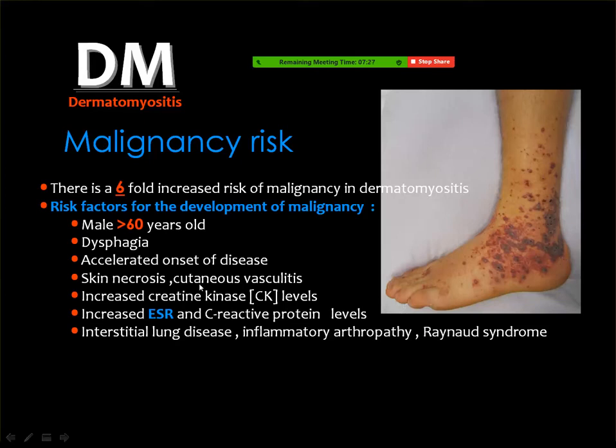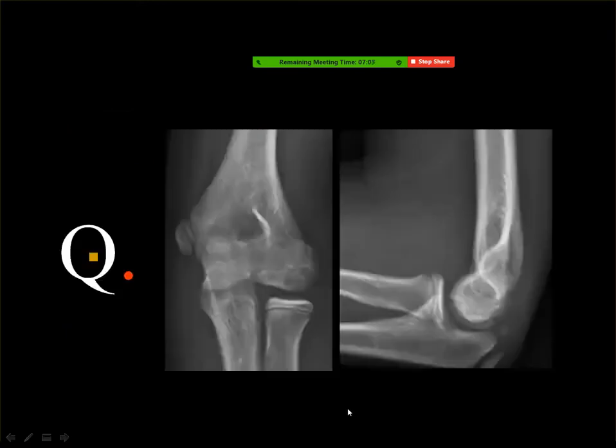Also cutaneous vasculitis, increased creatine kinase level, increased ESR and C-reactive protein level, interstitial lung disease, inflammatory arthropathy, and renal phenomena. All these are considered risks for the development of malignancy.